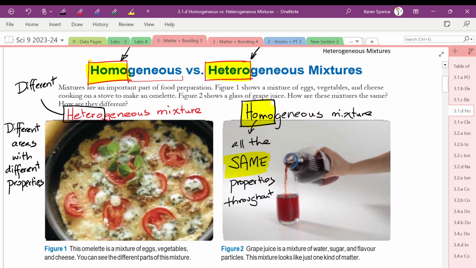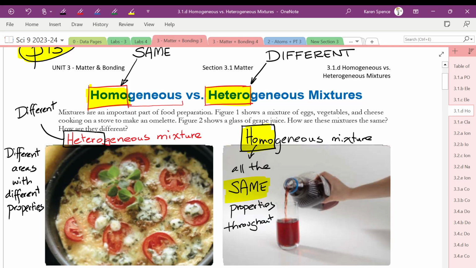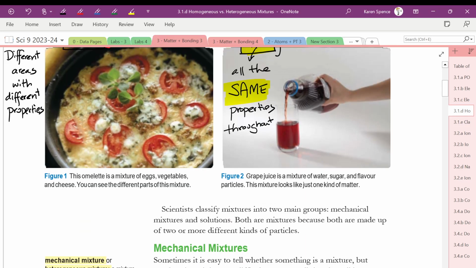Okay, what is another word for a heterogeneous mixture? If you did the reading, hopefully you'll know, Jade. Mechanical mixture. So heterogeneous mixtures is also known as a mechanical mixture.